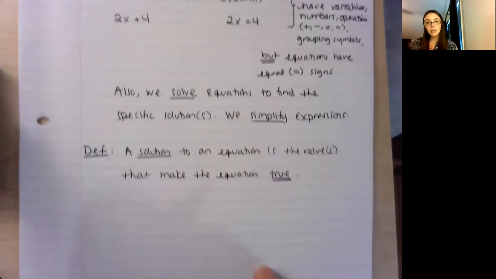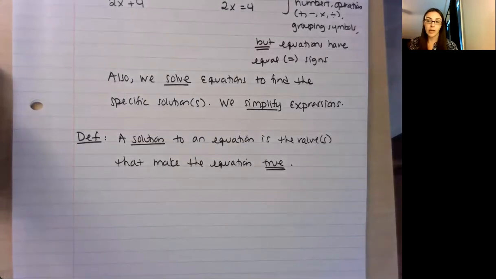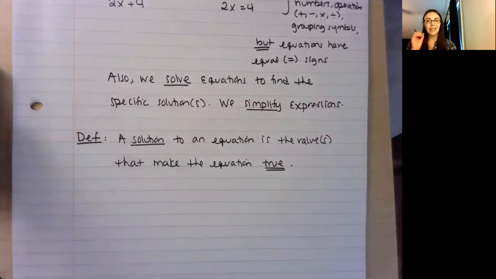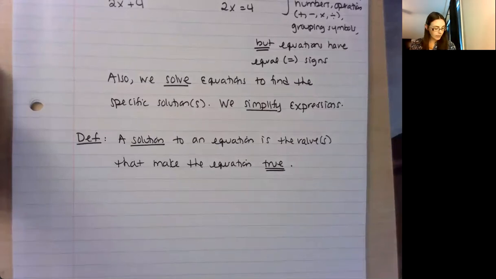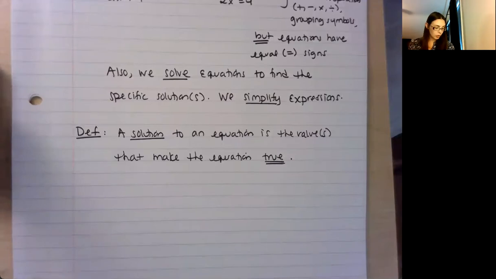So for expressions, we can evaluate. We did this in the last video for all different numbers. Whatever we want to plug in, we can do that. But for equations, if we're trying to solve, we want the answer that actually makes the equation true. And solving the equation is the act of finding the solution.